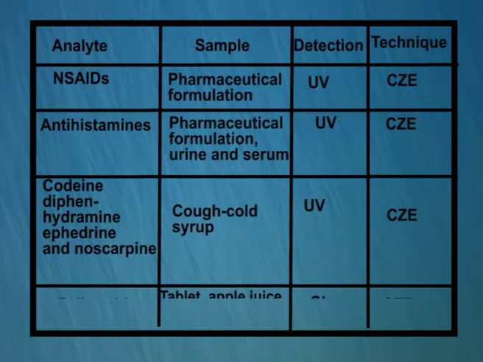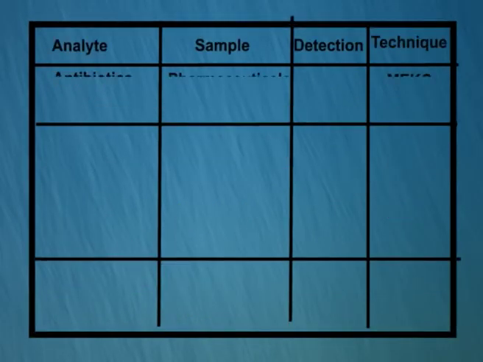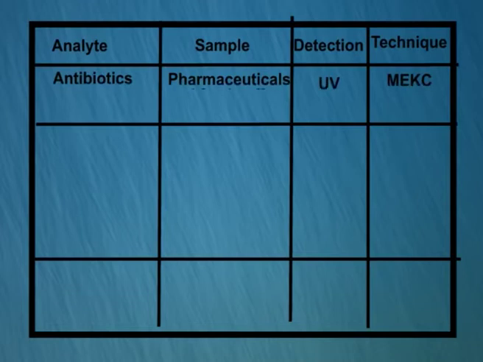Analyte folic acid, sample tablet, apple juice and human urine, detection done by chemiluminescence, and the technique is capillary zone electrophoresis. Analyte antibiotics, sample pharmaceuticals and feed stuff, detection by UV, and the technique is micellar electrokinetic chromatography.